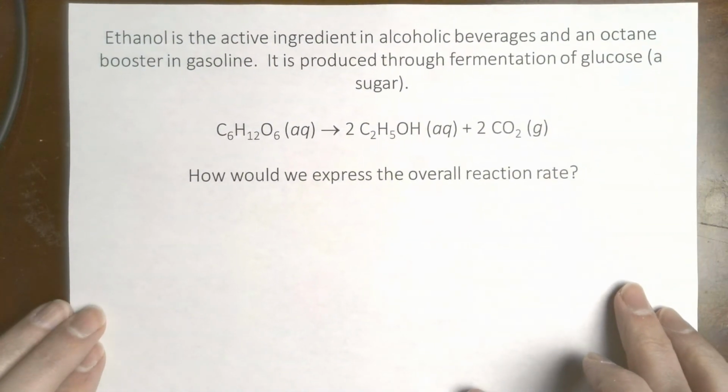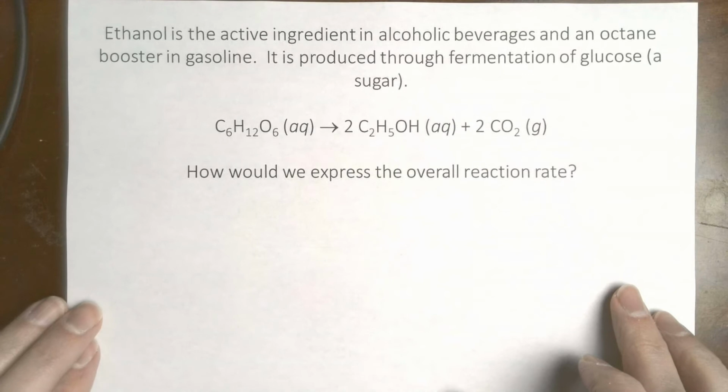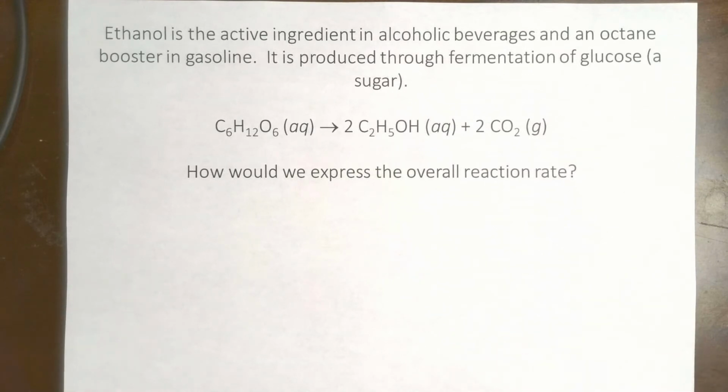What's the overall reaction rate expression for this chemical reaction? This is going to be very similar to what we just did, except when we're writing overall reaction rates, we always choose the reactant that has a coefficient of 1 in front of it in the balanced chemical equation.